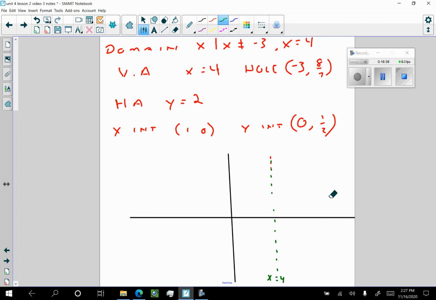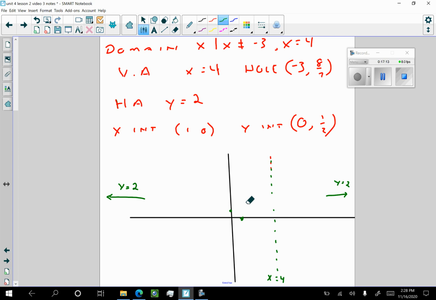The end behavior looks like this. Y equals 2 on both sides. Y equals 2. There's only one x-intercept, and that's (1, 0). The y-intercept is (0, 1/2).